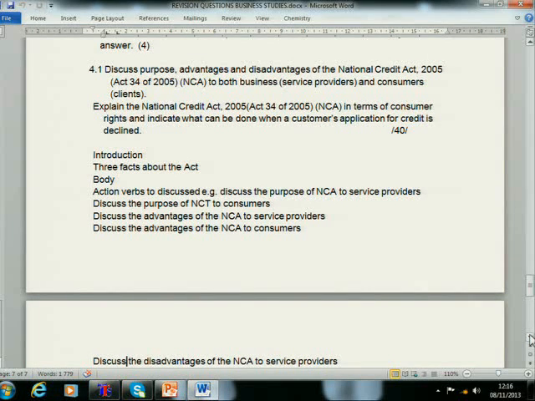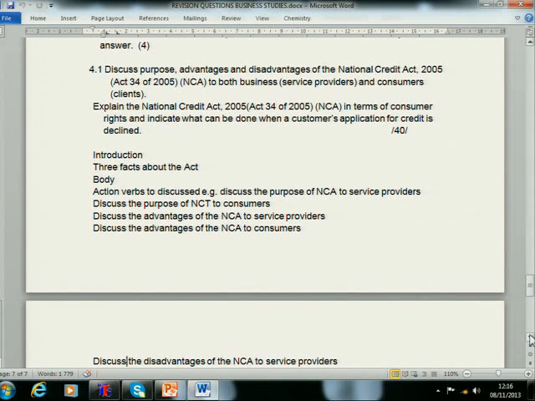After writing the introduction, you underline it, and then you write 3 facts about the act. Those 3 facts about the act, which will be relevant to the topic, will serve as your introduction. It should be 3 points, 1 mark each, and the total for introduction will be 3.